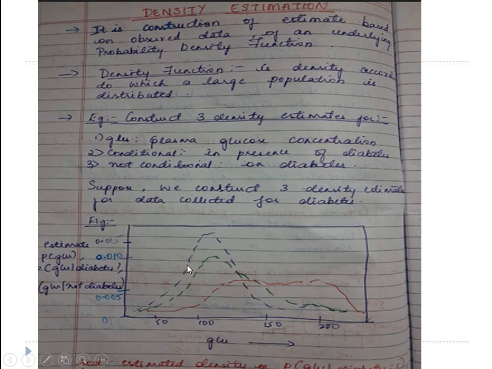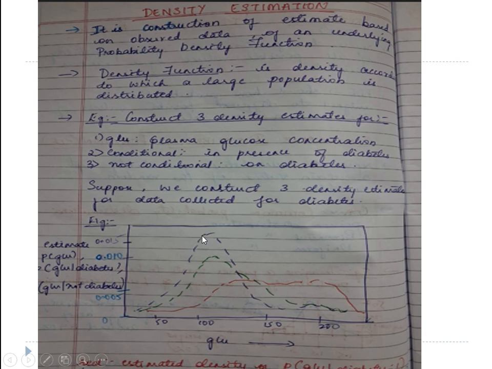So this blue mark is the estimated density of the probability of glucose when diabetes is 1.